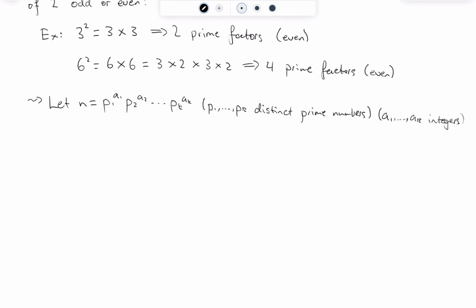So we have this number we've chosen at random, we've looked at its prime factorization, and we want to determine the number of prime factors of n. So we'll do this first.